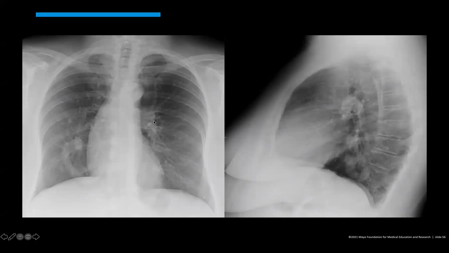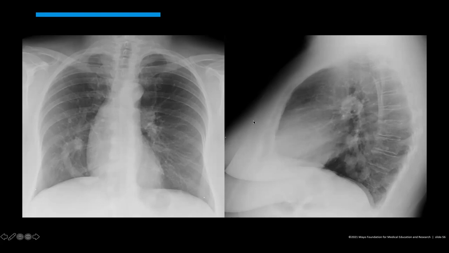And the abnormality on these images is a curvilinear density in the right lower lobe. Kind of comes from the center of the right lung, and you can follow it back into the right atrium, or inferior vena cava. And this is a patient with scimitar syndrome.